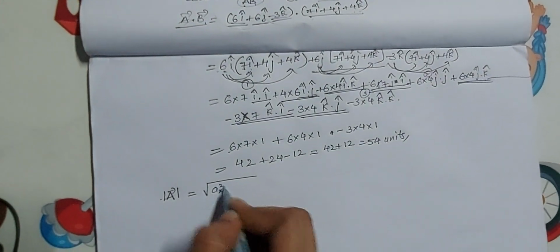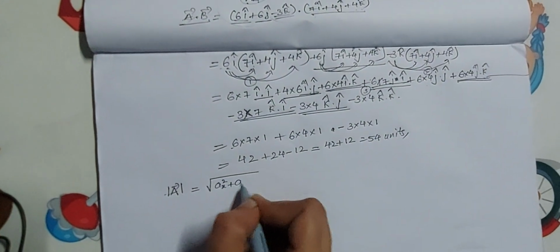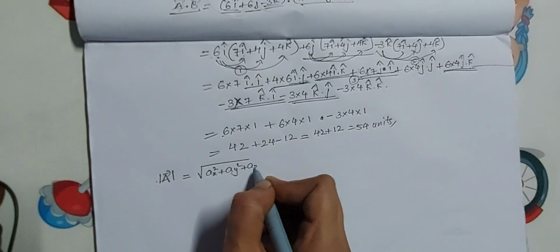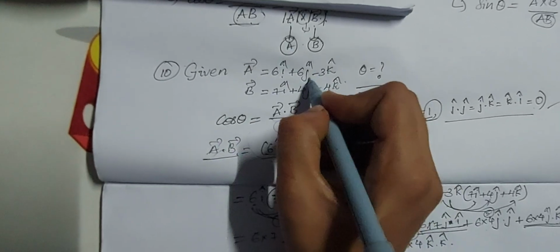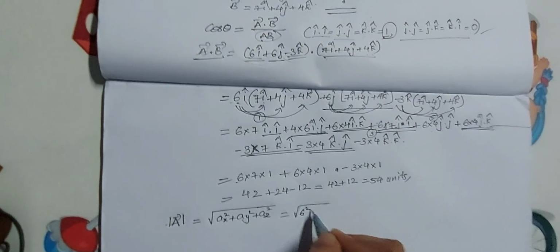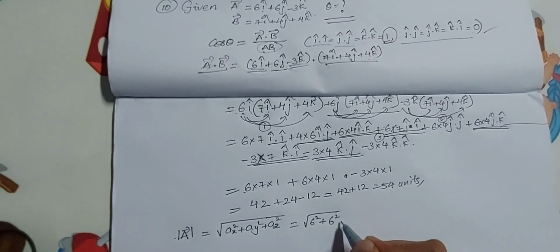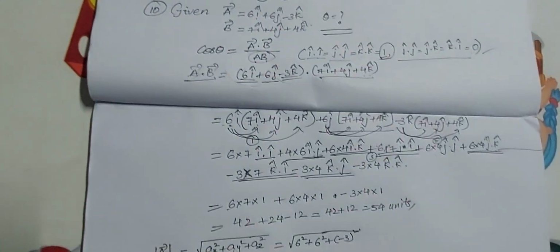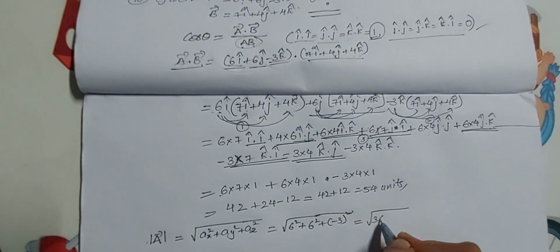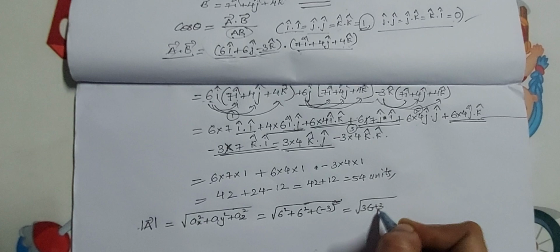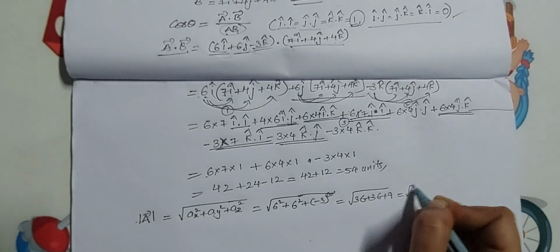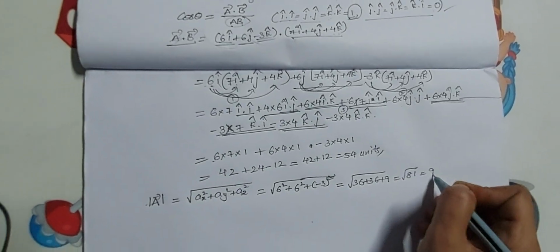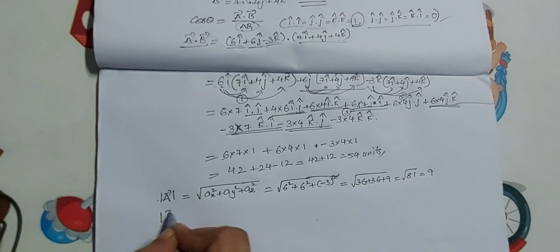It can be written as the root of ax square plus ay square plus az square, simply the coefficients of i cap, j cap and k cap. So it is 6 square plus 6 square plus minus 3 whole square, according to the given data. So now it is 36 plus 36 plus 9, you get root 81, then it is 9.